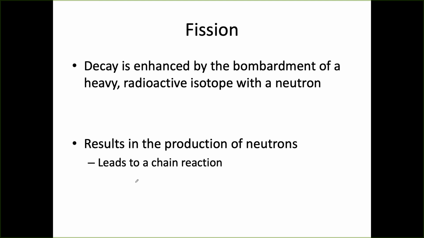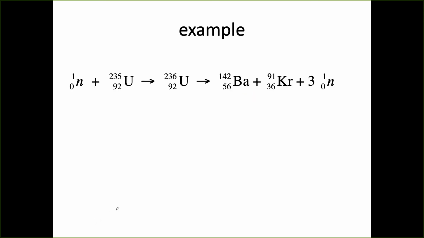Now, fission is a decay, because you're breaking down an element, but it's enhanced by a bombardment of a neutron. And we stress neutron. What happens is we get a production of neutrons, and we end up having a chain reaction. So here's an example. We have a neutron hitting uranium-235.